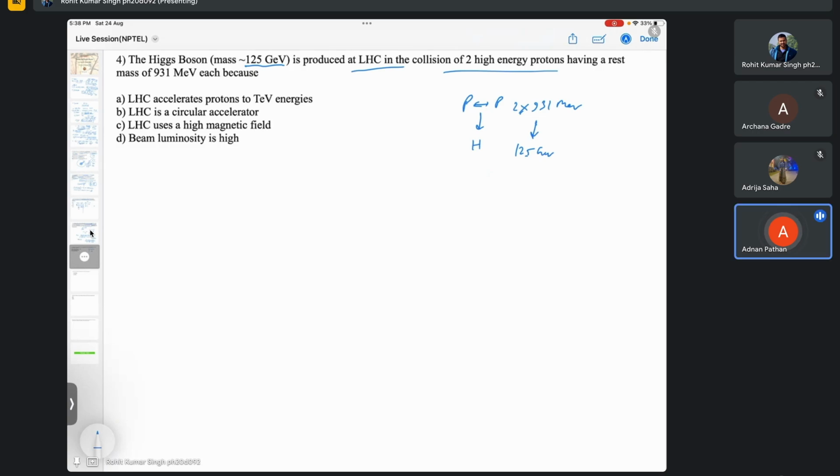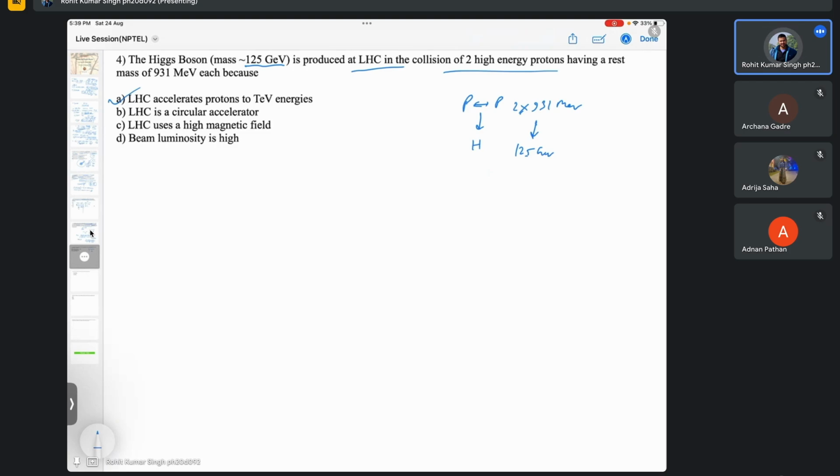The first three options seem right, no? Options B, C, and D are facts, so all should be true, but the main reason is option A: the protons are accelerated to TeV energy.